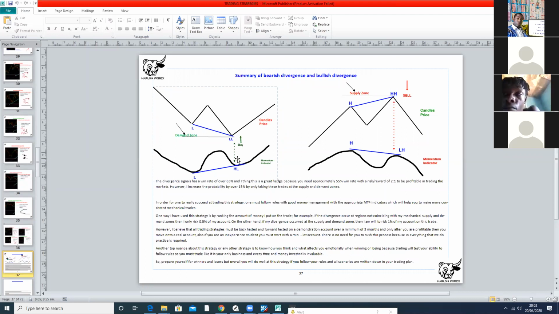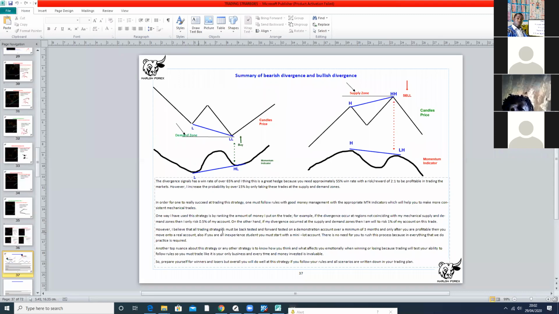Now, if I divide 50 pounds into 3, say it was 15 pounds each. For this on its own, divergence would be 15. But if it occurs at a supply and demand zone, then we would say it's 30 pounds I'm risking. If I use another indicator, then it could be, say, 45 pounds on. So that's what I mean there, okay, right.